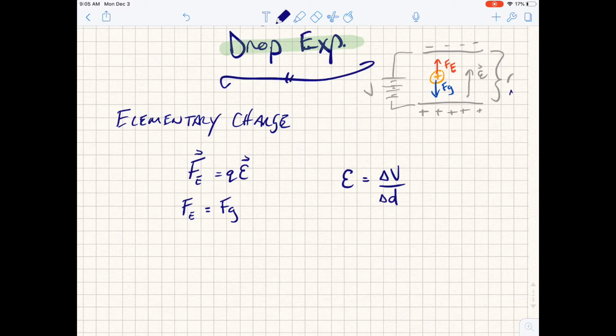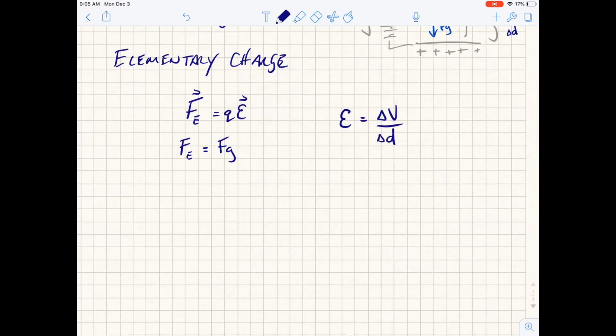And the distance here, of course, is the R. Now, delta D is that plate separation, and you explored how important that is when you played around with capacitors. So knowing this, we have an expression for Fe being Q times the electric field strength, and that's going to be equal to mg of the oil drop.